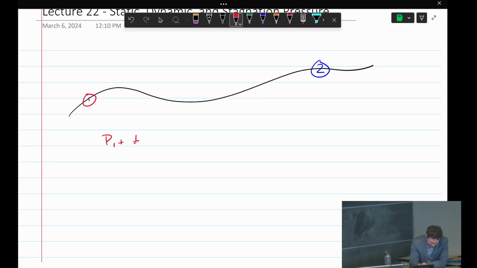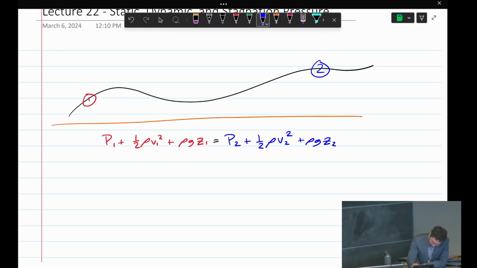So P1 plus 1/2 rho V1 squared plus rho g z1 equals P2 plus 1/2 rho V2 squared plus rho g z2. And the z's are measured from a common datum. So for example, if I choose the orange line as my datum, then my z's will be like this. So this is all a review of what we did yesterday.